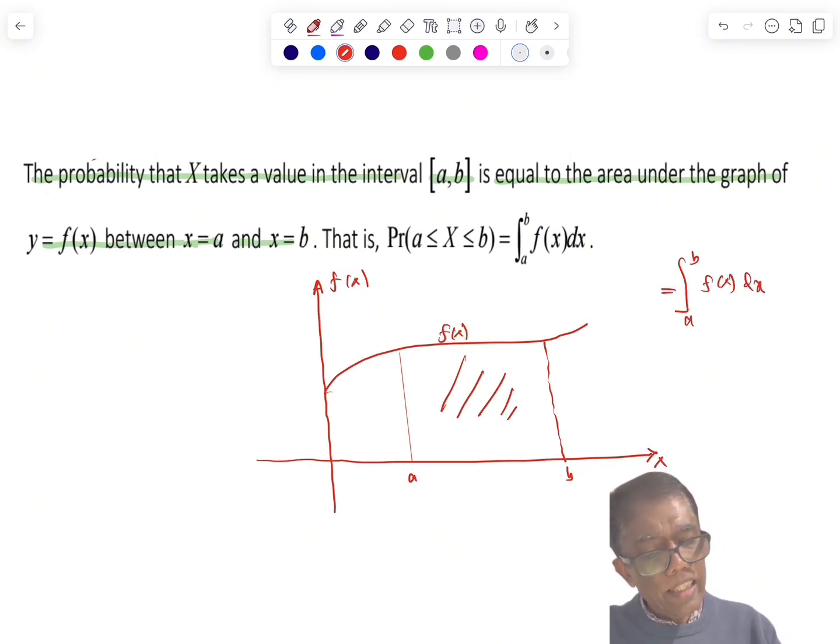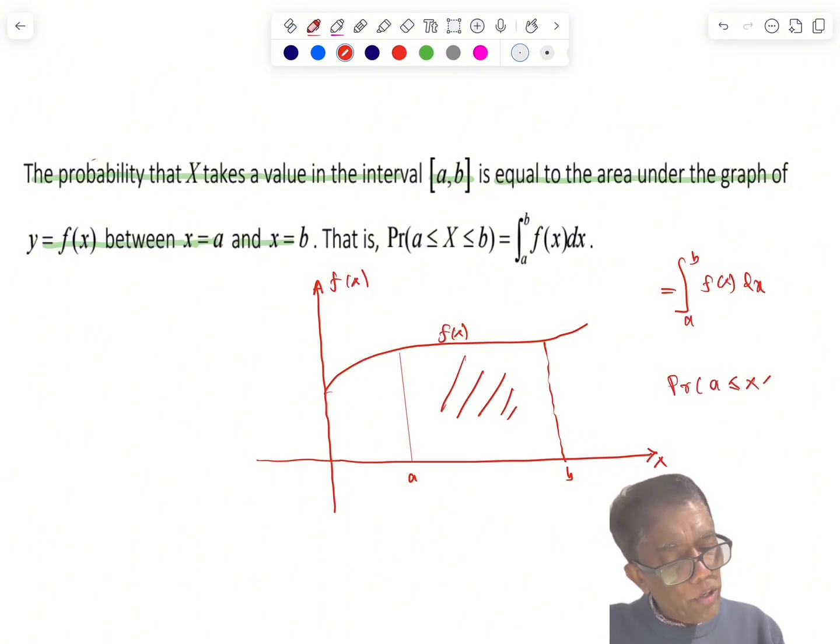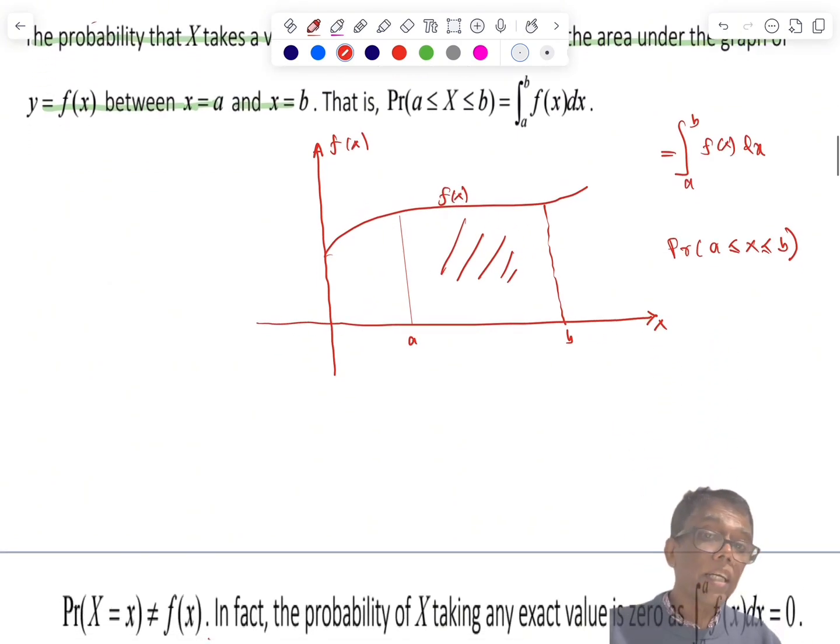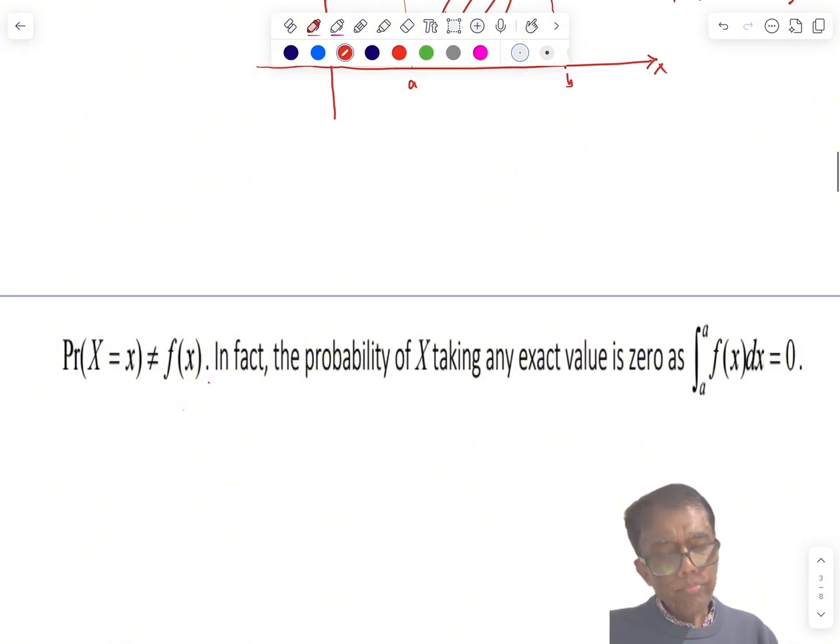Actually, this is the probability that x is greater than or equal to A and x is less than or equal to B. That's the area under the curve.